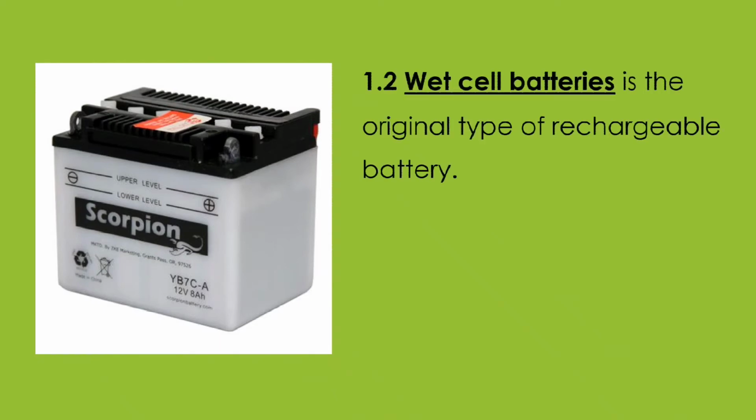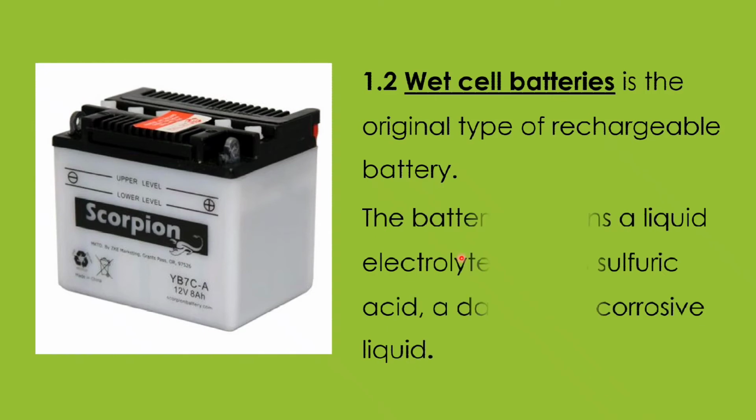And we also have what we call the wet cell batteries. A wet cell battery is the original type of rechargeable battery. So they are rechargeable, you can recharge them. The battery contains a liquid electrolyte such as sulfuric acid, a dangerous corrosive liquid.